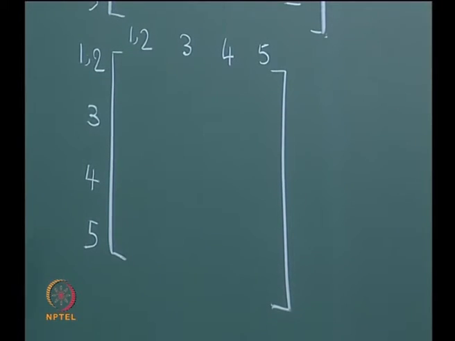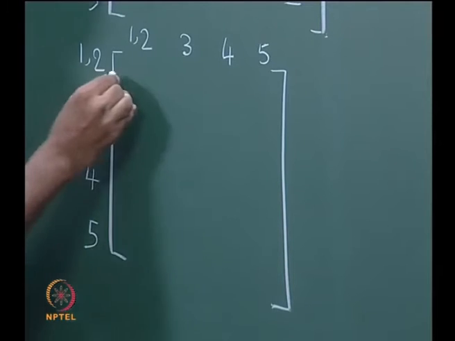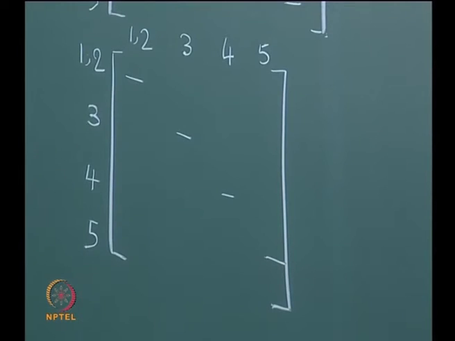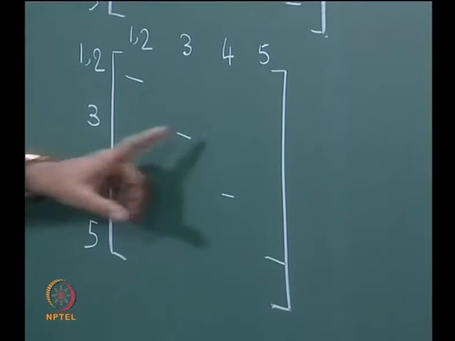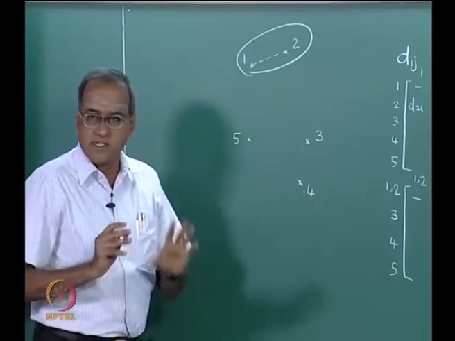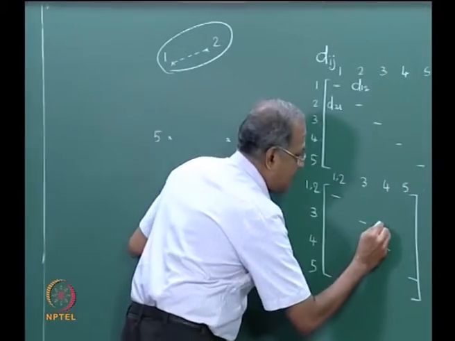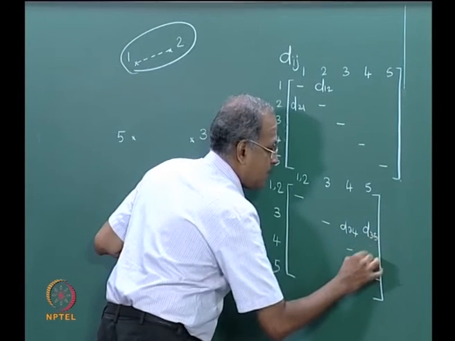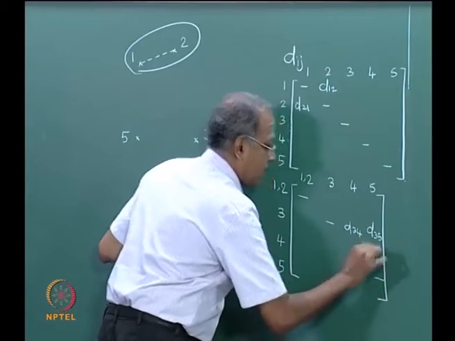Now the distance between a group and itself is a dash, because we are not interested in this. Distance between 3 and 4, 3 is here, 4 is here, so it does not change. So this will be D34, this will be D35, this will be D45, they do not change.